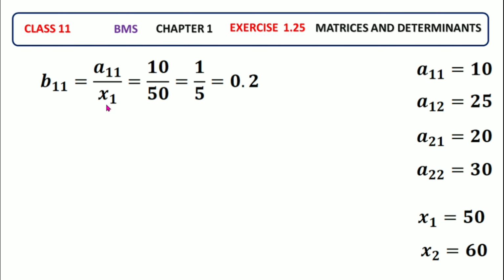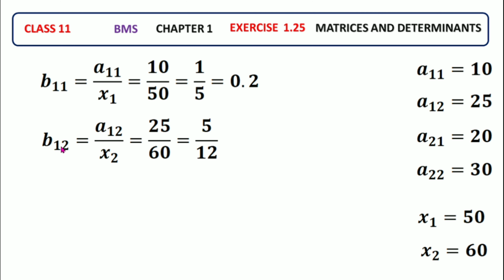B11 value A11 by X1, A11 10, X1 50, 10 by 50, that is 1 by 5, cancelling 0.2. B12 equal to A12 by X2. So second entry, that is column values. Column value here is 2, that is the X value, X2.